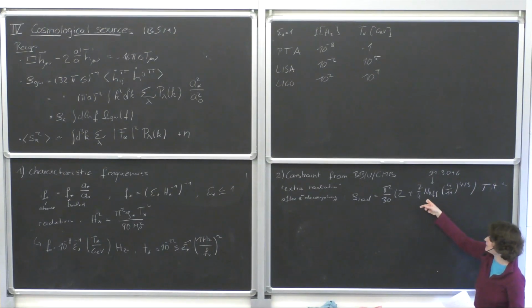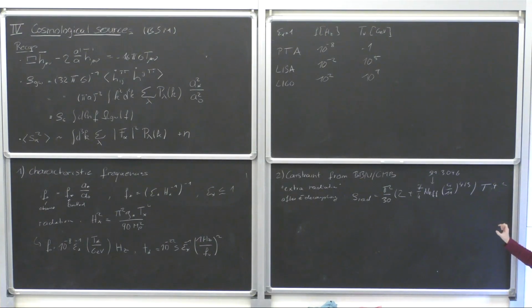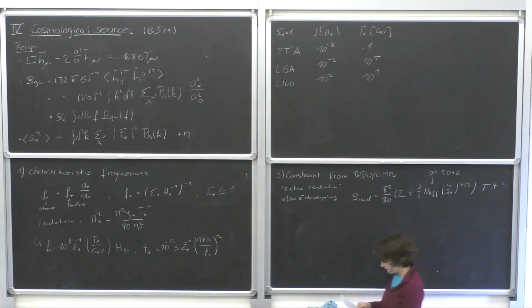And now people often define the delta N effective as the additional radiation, basically comparing this to observation and asking, how much more radiation is allowed by observations, or what is the limit on extra radiation by observations?